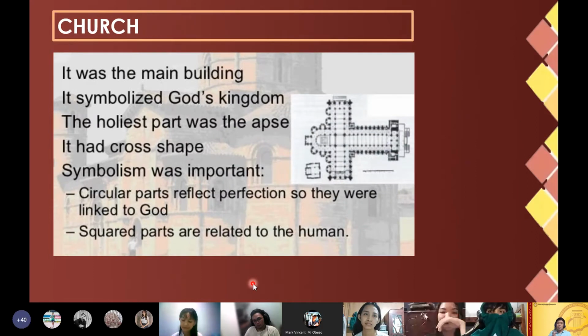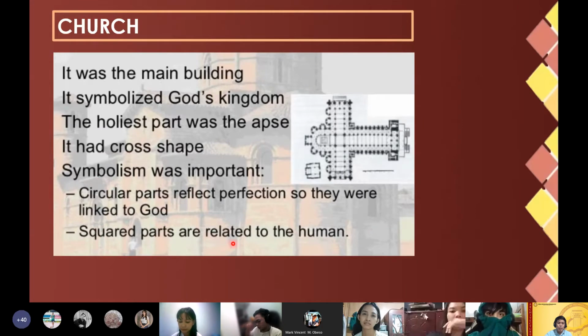So again, no, unsa to siya nga mga types of buildings? We have the church, we have the monasteries, and we have the castles. For the church, it is the main building. It symbolized God's kingdom. The holiest part was the apse. It had cross shape. Symbolism was important, which is circular parts reflect perfection, so they were linked to God.